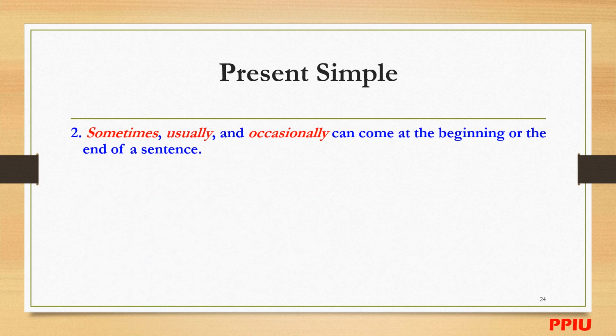Sometimes, usually, and occasionally: these three are also adverbs of frequency, which can come at the beginning or at the end of a sentence. They are the exception, as these three can come at the beginning or at the end of a sentence.